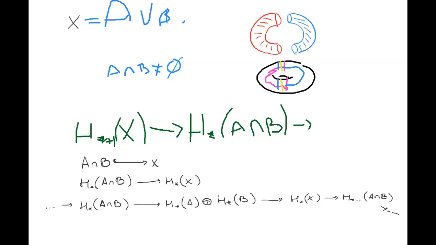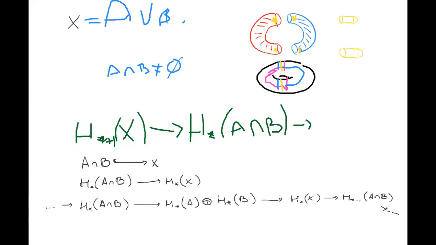Okay, so they both intersect, and their intersection is what? Oh, these two cylinders. Okay, yeah. The intersection is two yellow cylinders, I guess.